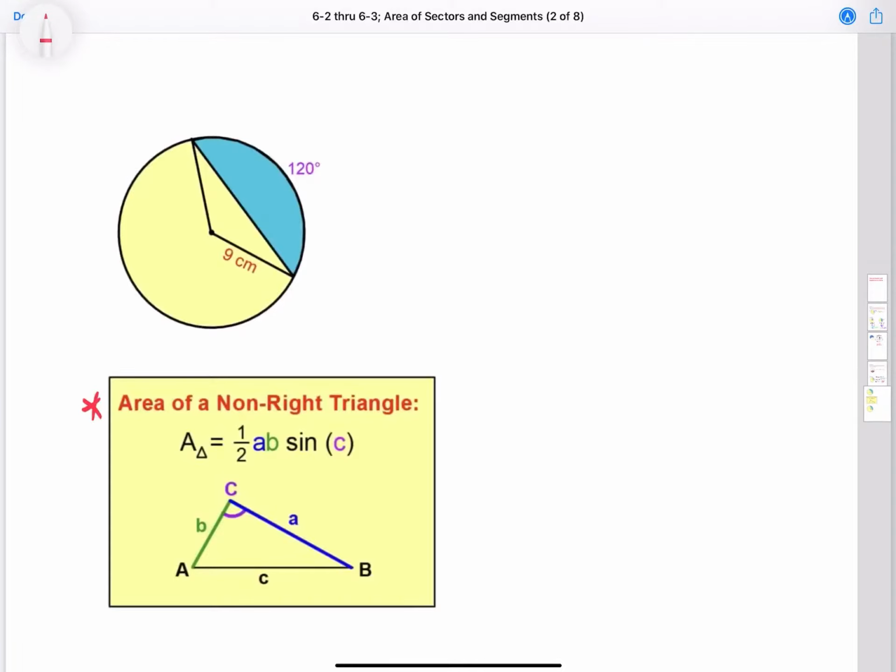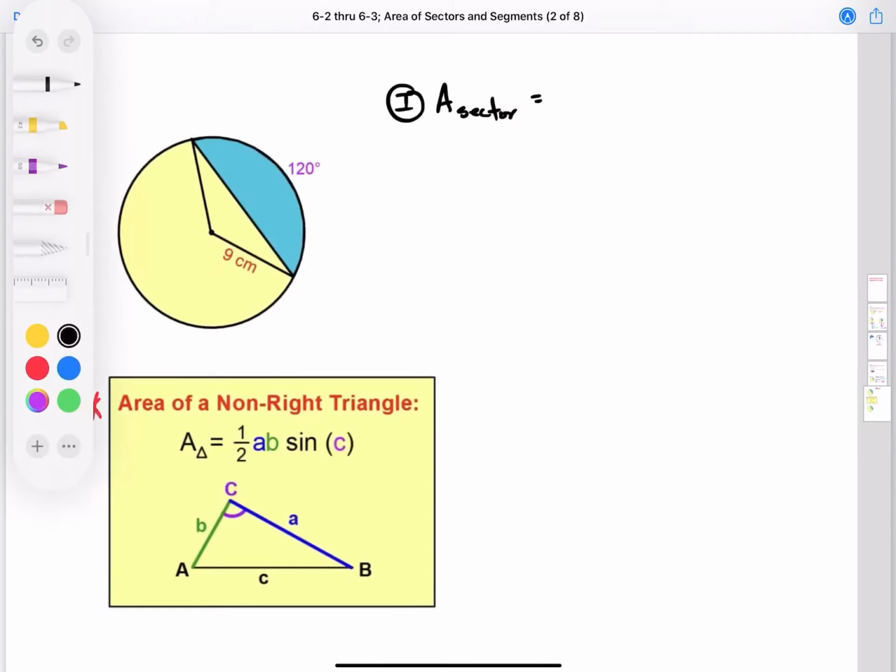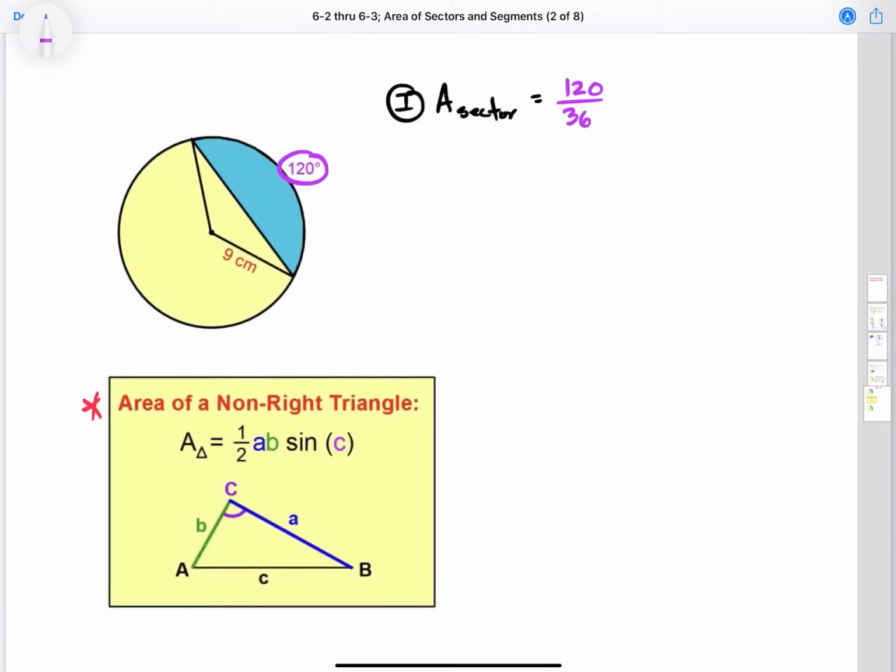This will require you to use your calculator, because we do need to find the sine of our angle C. Let's start by finding the area of our sector. Again, I'm going to write out that first part. The area of the sector is going to be our angle measurement, which is 120 degrees, over 360, multiplied by the area of our circle, pi r squared, where r is 9, so 9 squared.